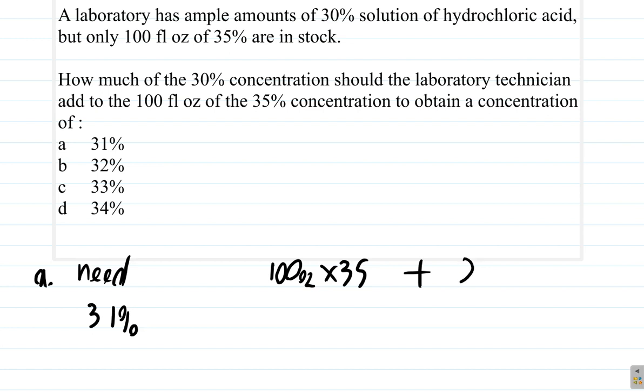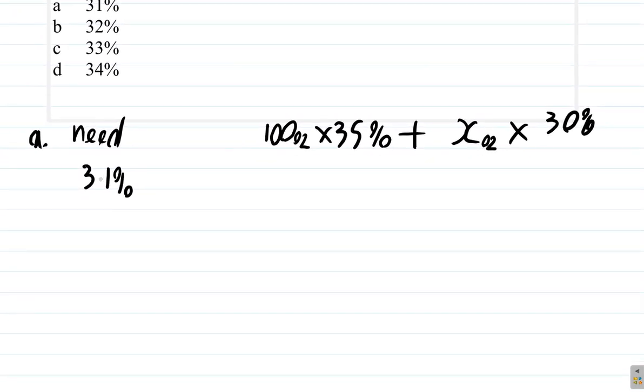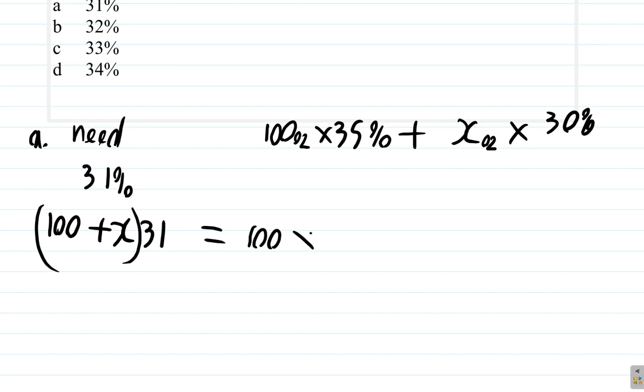You don't know the amount, so let's call it X ounces of the 30% concentration. What you would end up with is 100 ounces plus X ounces of the 31% concentration, and you get that from 100 ounces of 35% plus X ounces of 30%.